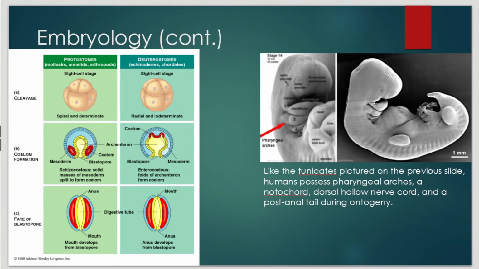The anus forms first, because when you're a blastula, the blastopore becomes the anus. The first opening of your digestive tract becomes the anus. Whereas in protostomes, the blastopore becomes the mouth, and so you develop your mouth first. Proto, first, stome, mouth.